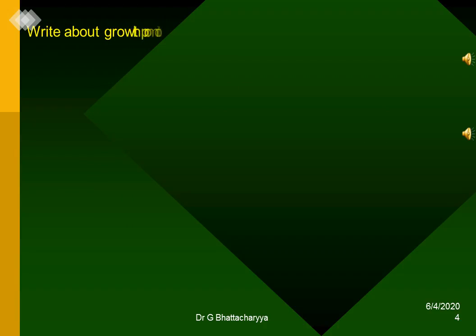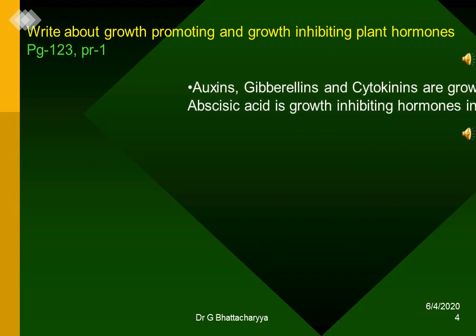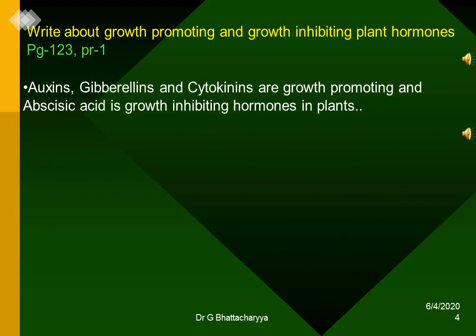Write about growth promoting and growth inhibiting plant hormones. Auxins, gibberellins and cytokinins are growth promoting hormones in plants, and abscisic acid is a growth inhibiting hormone in plants.